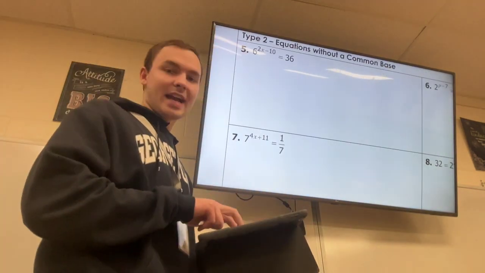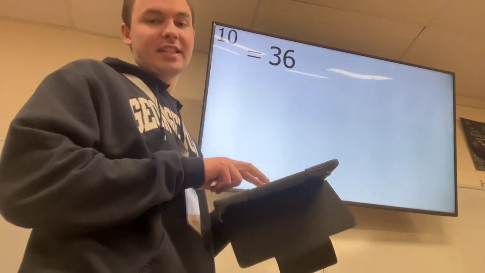All right, the next type is similar. This is equations that don't have a common base.